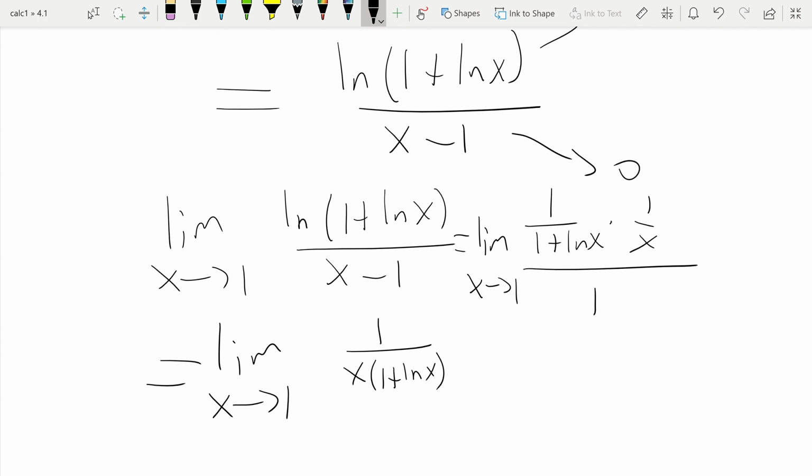Don't apply L'Hopital's rule again, since we don't get 0 over something. Here x is approaching 1, and 1 plus natural log of x is approaching 1 as well, and these functions are continuous where they're defined. So we can just evaluate, and we get 1 divided by 1 times (1 plus 0), which is just equal to 1.